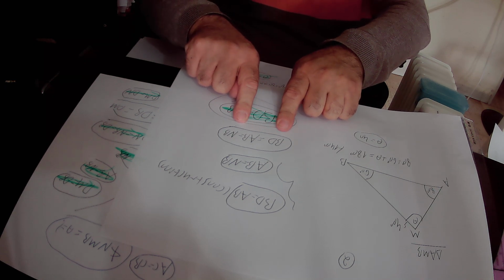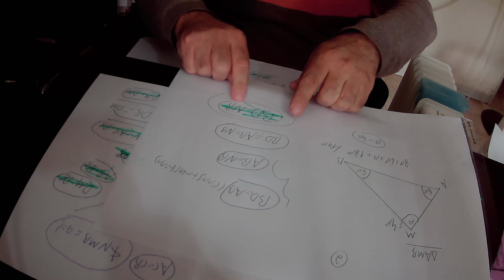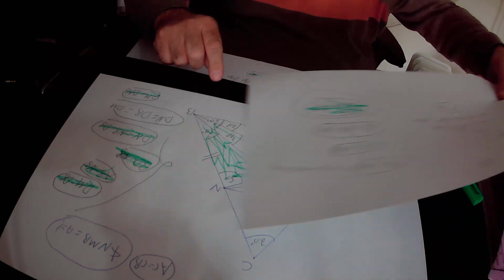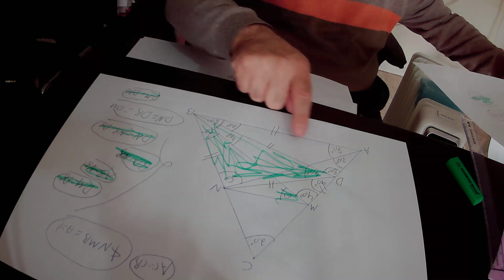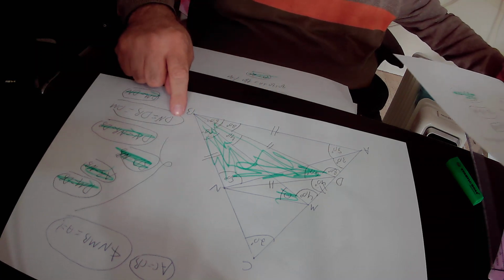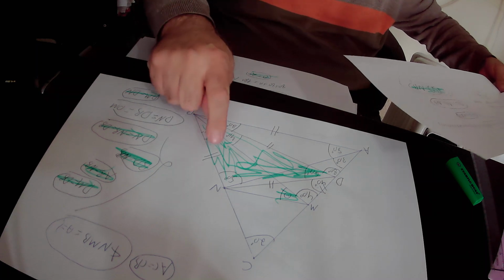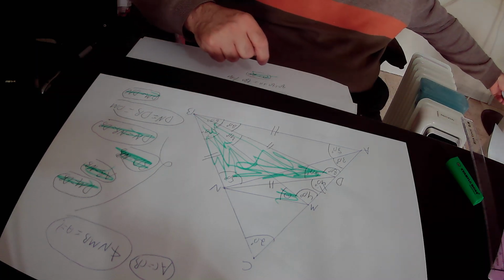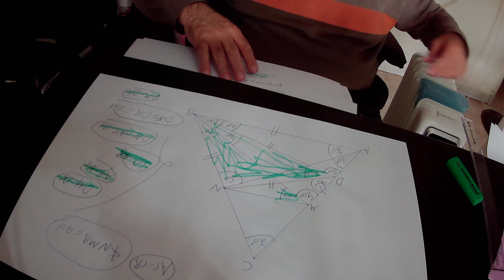And from this we derive that BD equals NB. Side BD, or DB, equals NB. Then we focused on triangle ADB.